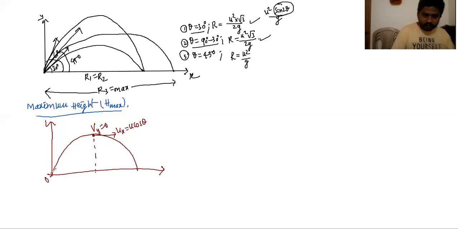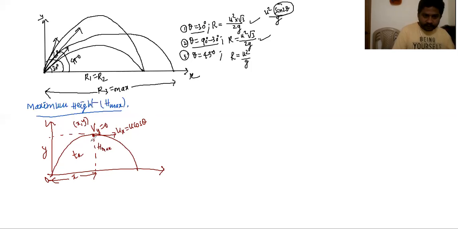Time taken to reach the maximum height is the time of ascent. So at maximum height, imagine the coordinates are x comma y. So this is the x distance traveled, and this is my y distance traveled. So y is equal to the maximum height. Yes or no?